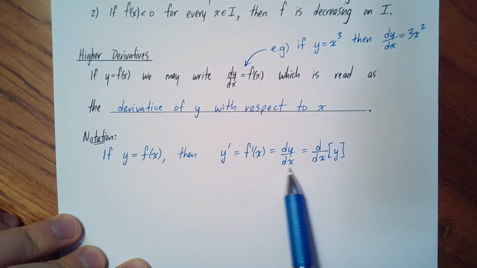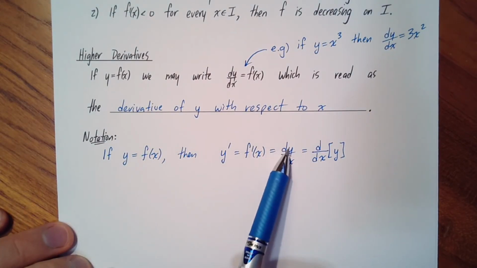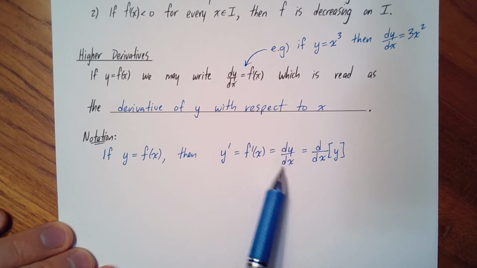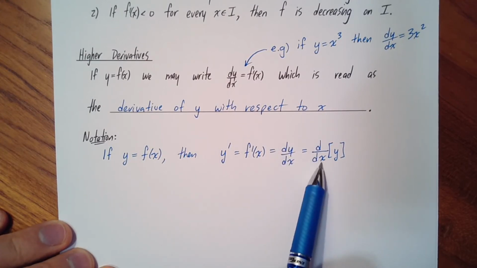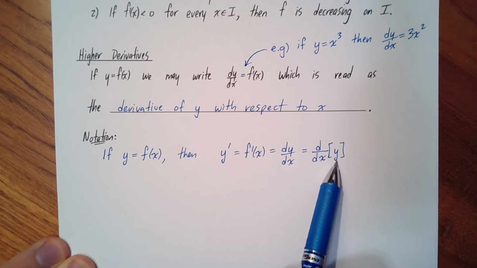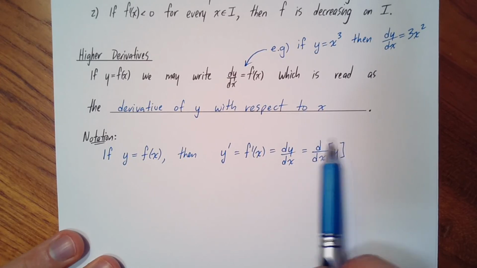You see similarities between these two. dy dx means take the derivative of y with respect to x. That's how you would read this out loud formally. Over here, take the derivative with respect to x of y. They don't really have any different meaning, but sometimes this notation is just much more convenient.